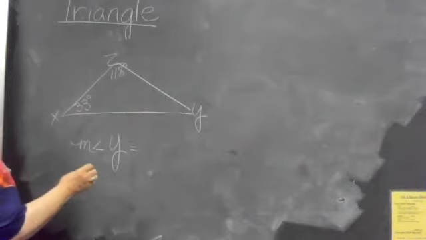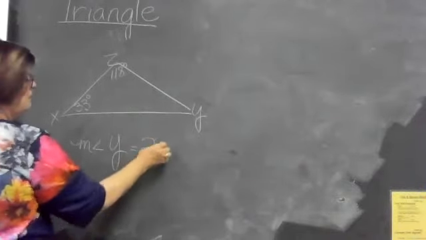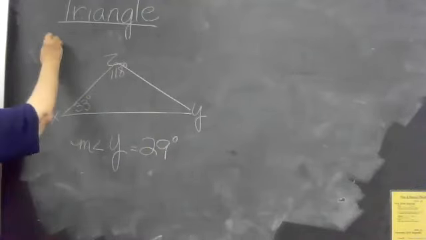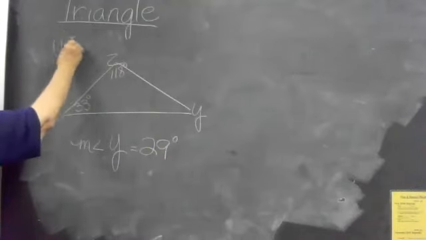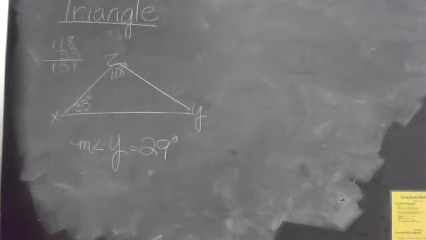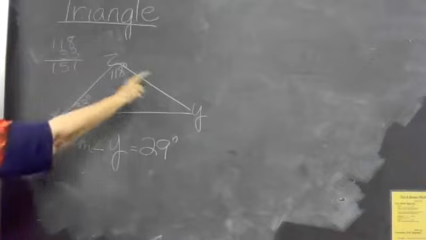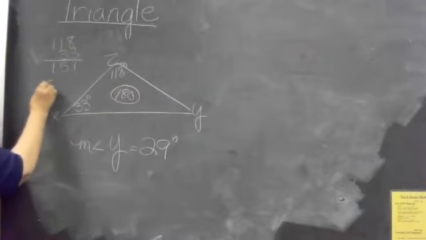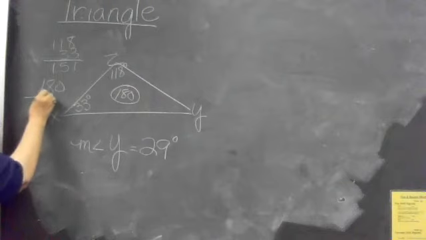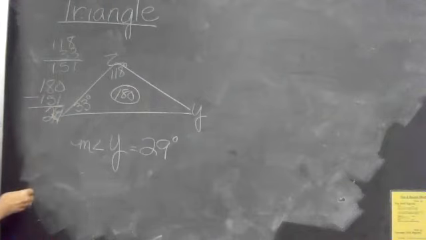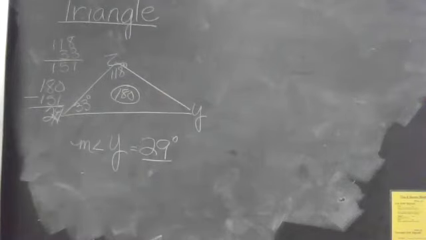Did you say 29 degrees? Let's check it. What we did is add these two together and got 151. Then we know that the total is always 180. So we take the total and subtract what we know. And sure enough, we get 29 degrees. So y'all understand that one?